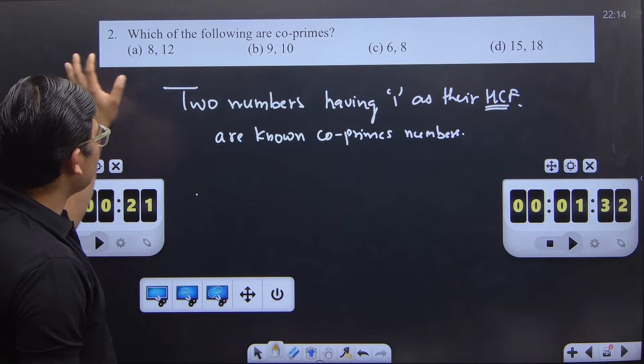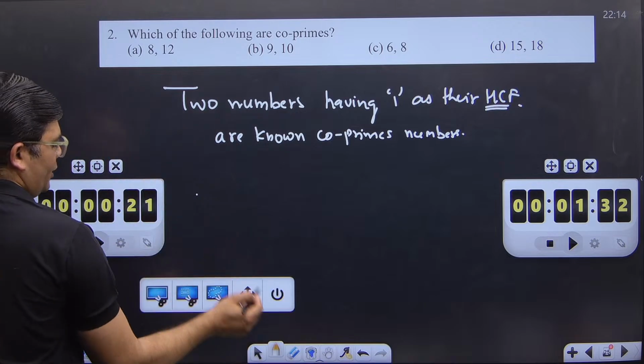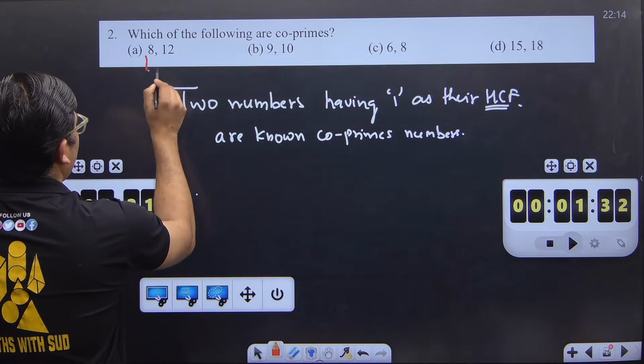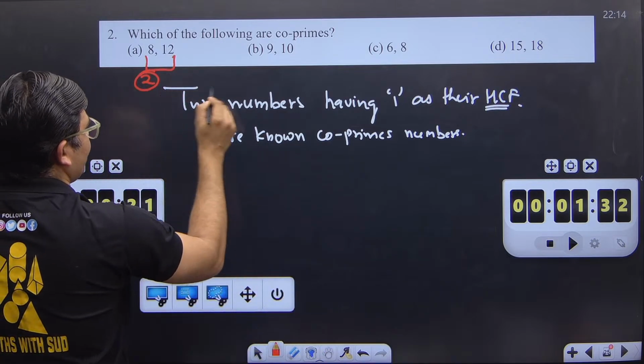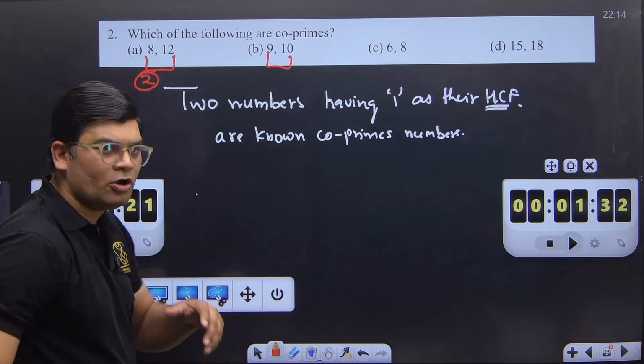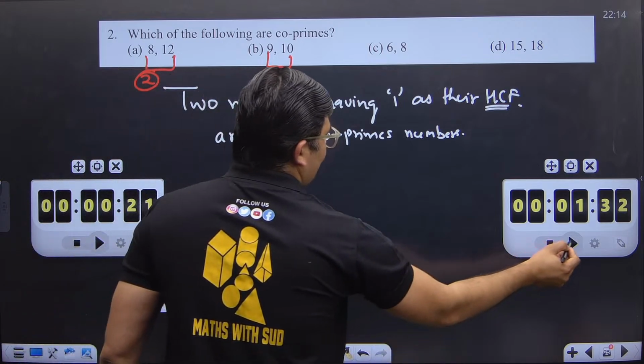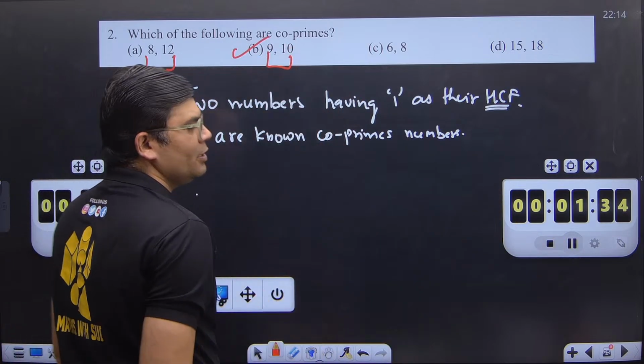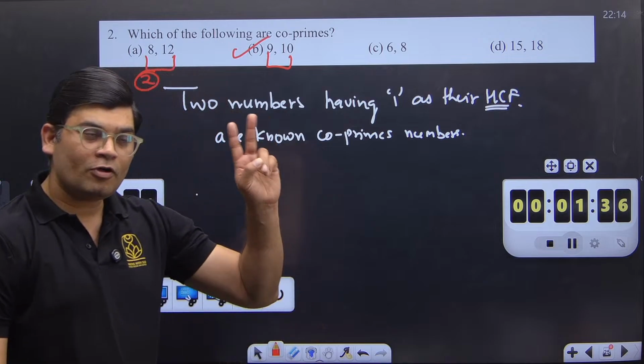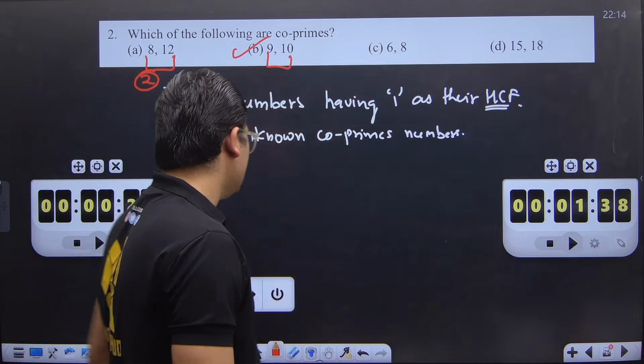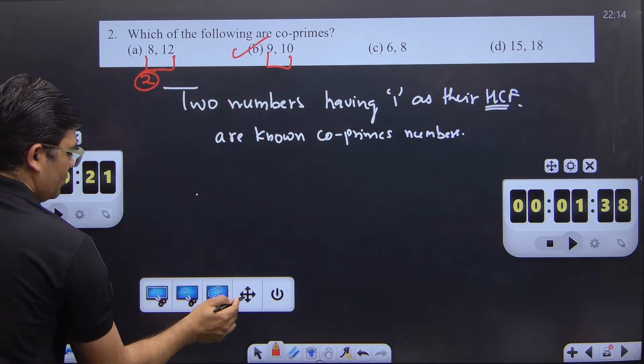So which of the following are co-primes? We can see from here that 8 and 12 both have 2 as a factor. 9 and 10 do not have any common factor. So the numbers which are co-prime are 9 and 10. And from this we can write two statements which are very important, beta.